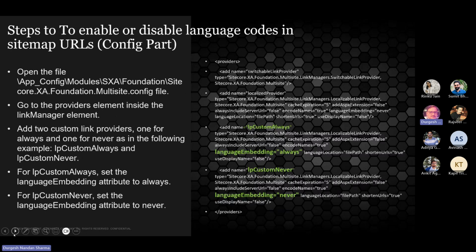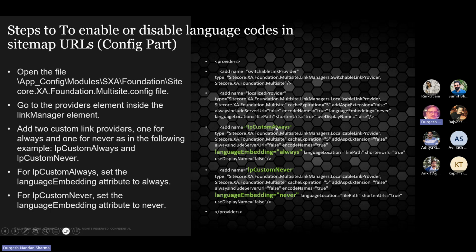For this, we have to configure it in two parts: one in config and one in the content editor. In the file App_Config, Modules, SXA, Foundation, Sitecore.XA.Foundation.Multisite.config, in the multisite config, we will add two providers.